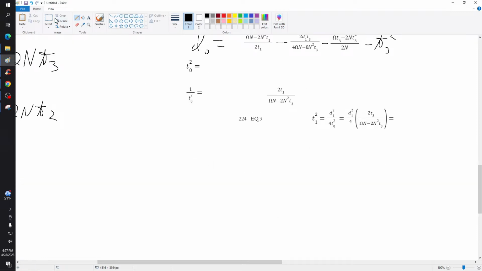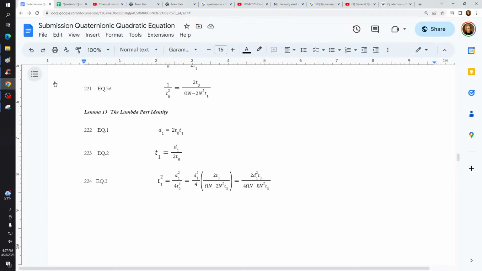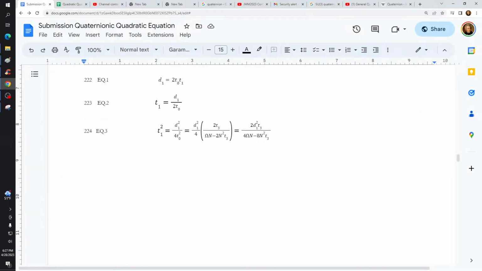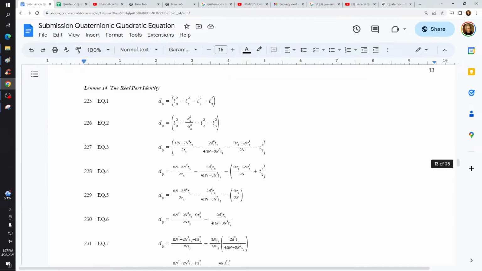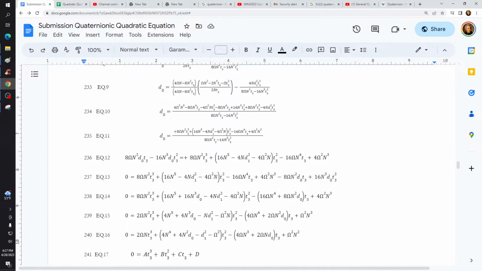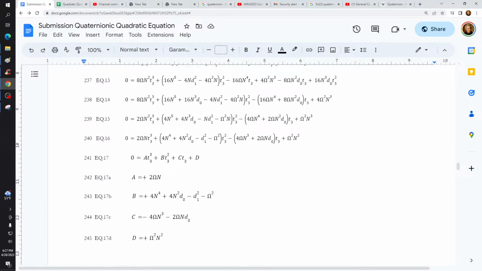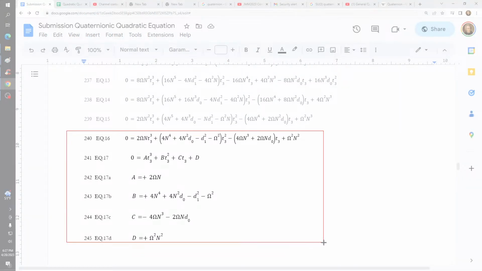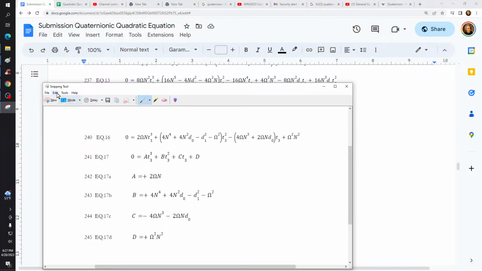Now I'm going to save you the horror of this part. You can go through it all you want on your own in the actual document link. But when we combine all of these parts, and we have to get common denominators and numerators, what we end up with is a cubic equation.